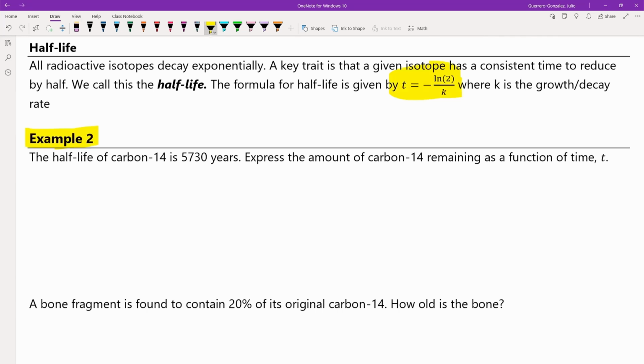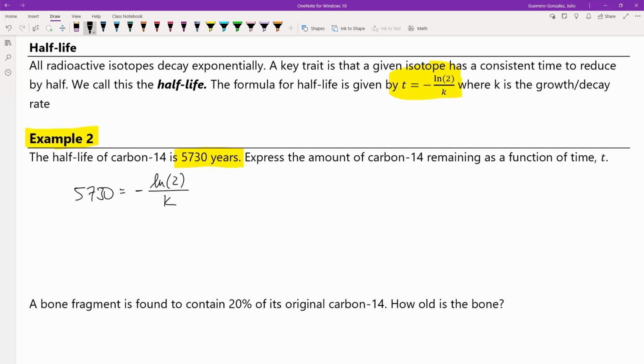We have the half-life of carbon being 5,730 years. I want to express the amount of carbon-14 remaining as a function of time. So what I'm going to do is use this newfangled equation that we have. We know that a half-life is going to be 5,730, and it is going to be equal to negative the ln of 2 over k.